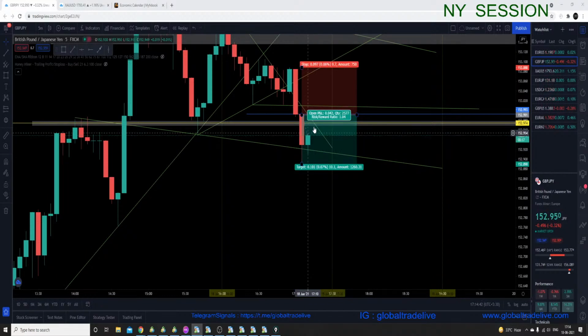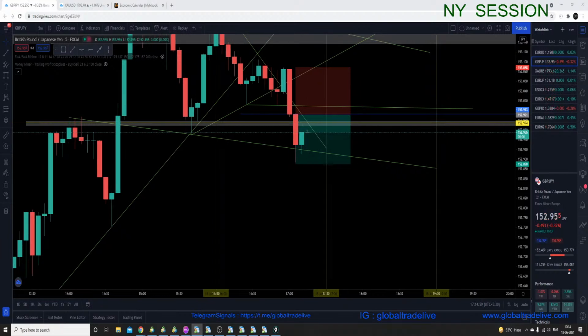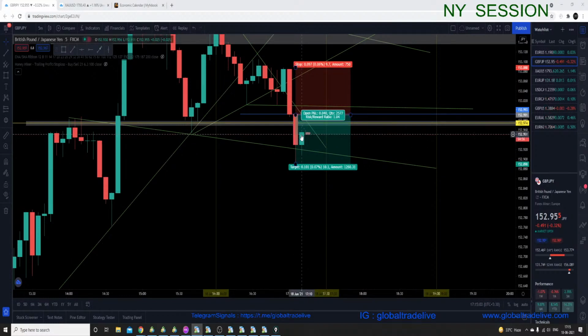But no problem, we will be entering another trade once it starts to go down again. So if it stays below this level, 152.974, then we are good. Okay, look, this candle just closed with no wick, this 5-minute candle.